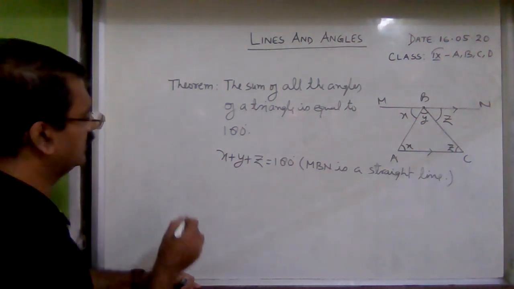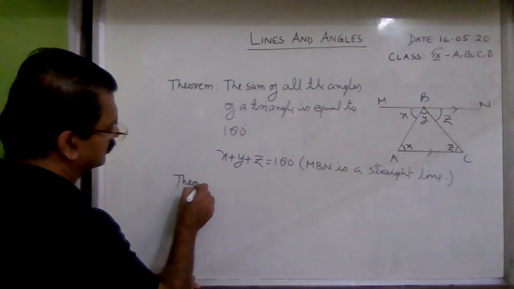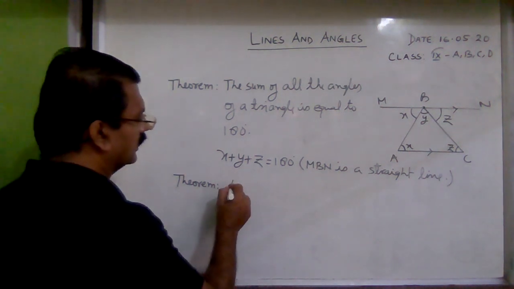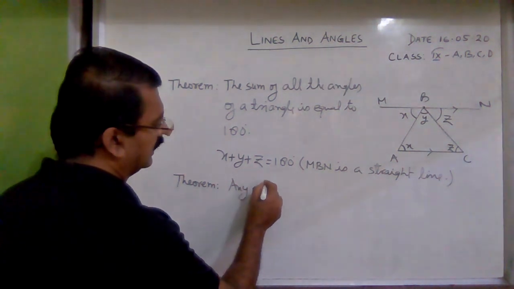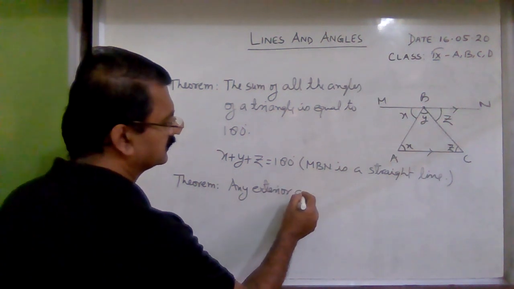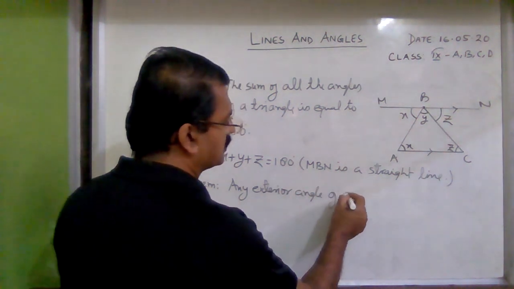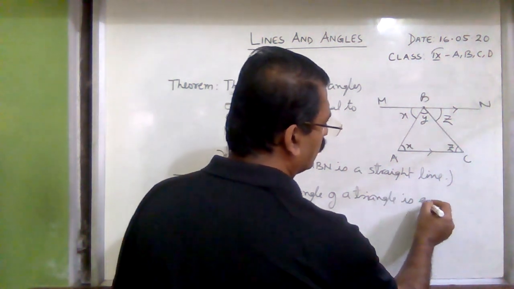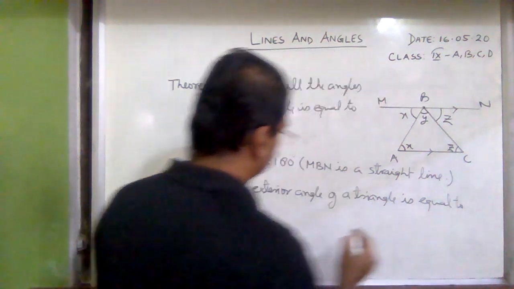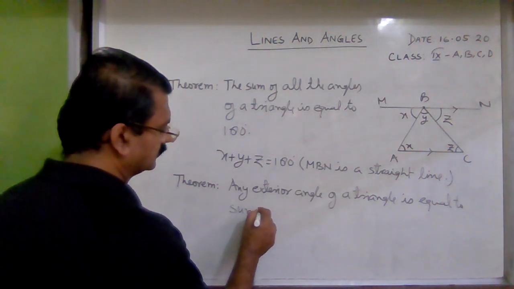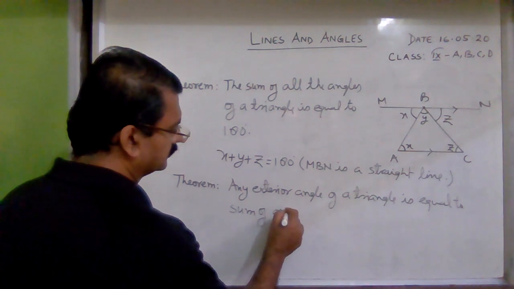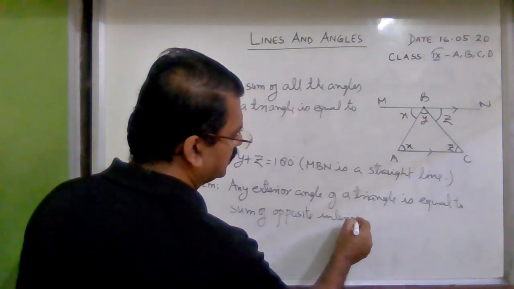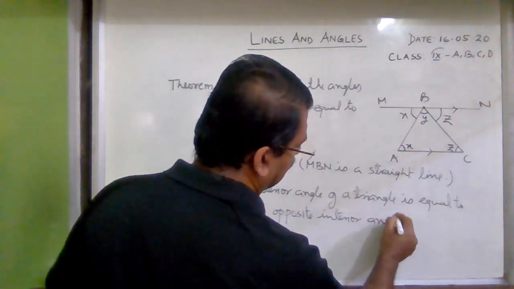Okay. Now I'll tell you one more theorem. And the theorem is any exterior angle of a triangle is equal to sum of opposite interior angles.